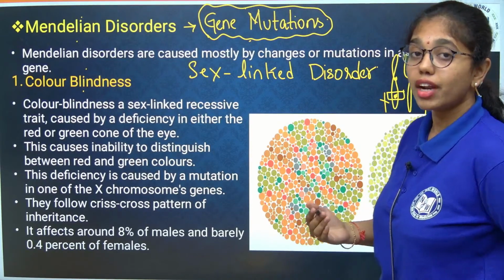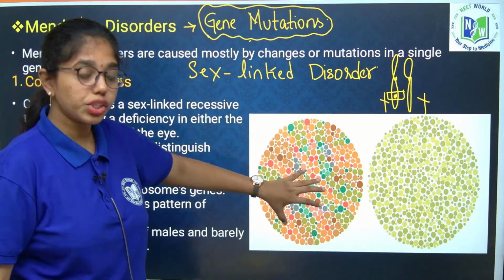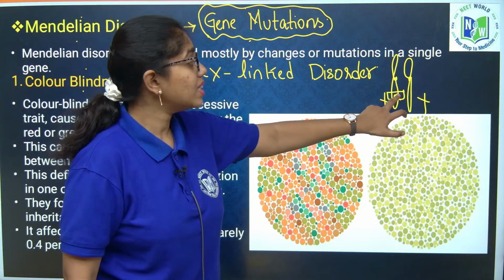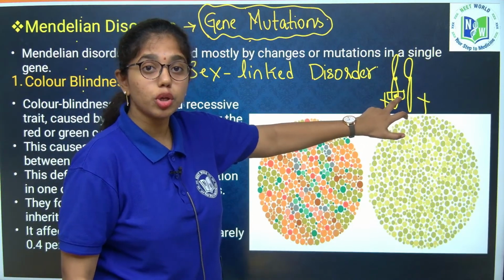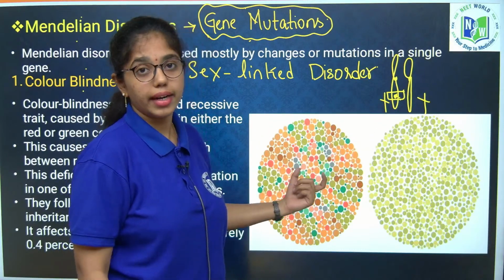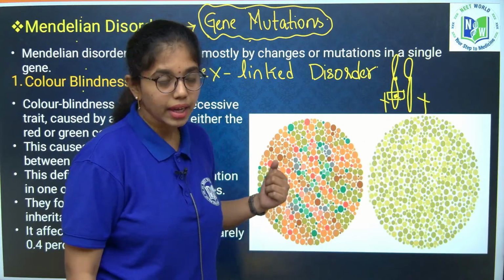They cannot differentiate between the colors red and green, because the mutation of the gene present on the X chromosome affects the cones which are responsible for red and green color. So they cannot distinguish between red and green colors.